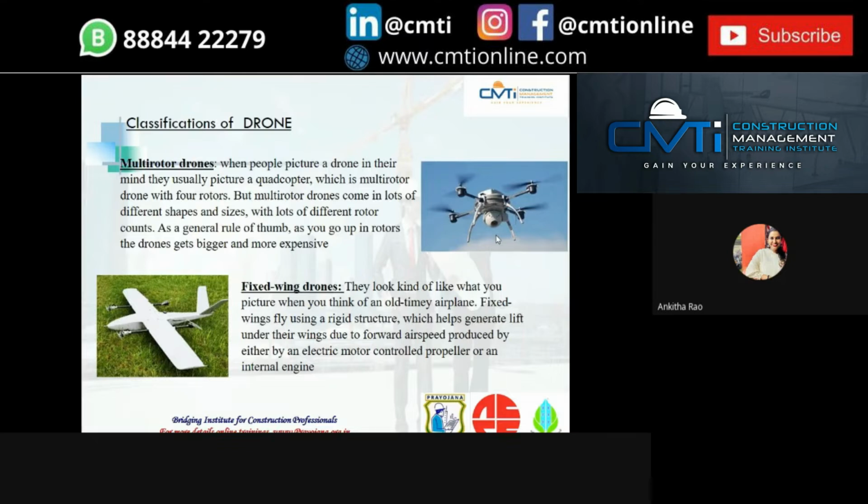We can increase the number of propellers, and the size of the drone gets bigger when we add more propellers, and it becomes expensive too. And the next is fixed-wing drones. It is similar to the old-time airplane, the regular airplanes, and it is used either by an electric motor controlled propeller or an internal engine.